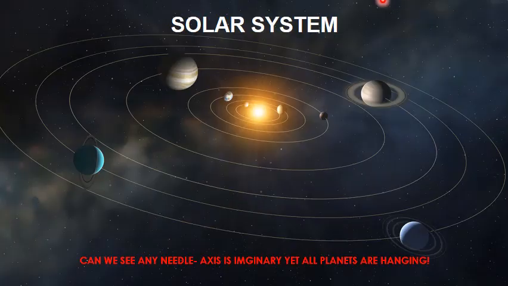This is the depiction of the solar system with the sun in the center and the planets revolving around it: Mercury, Venus, Earth, Mars, Jupiter, Saturn, Uranus, Neptune. They not only revolve around the sun, they also rotate on their axis, and there is no fixed axis.